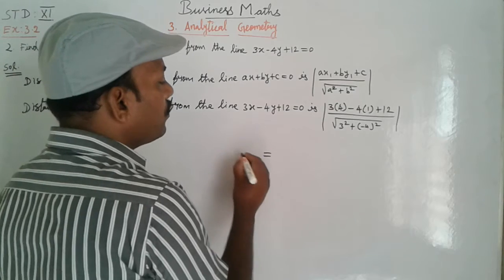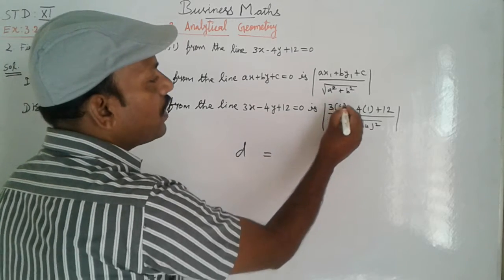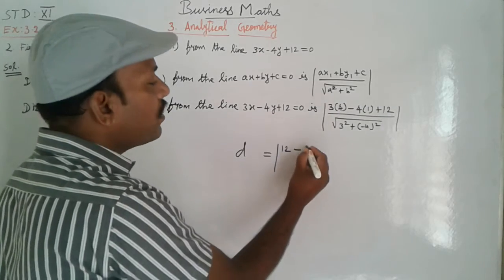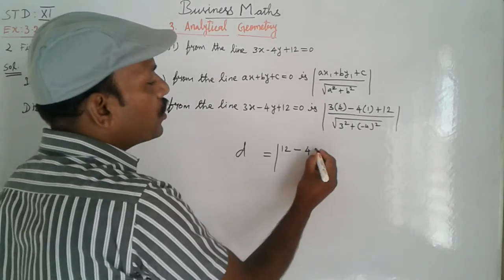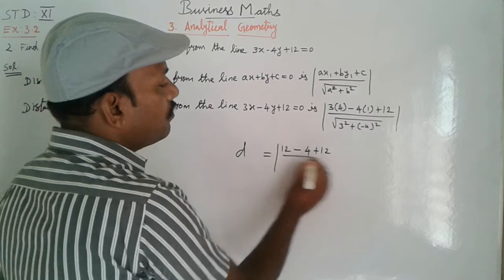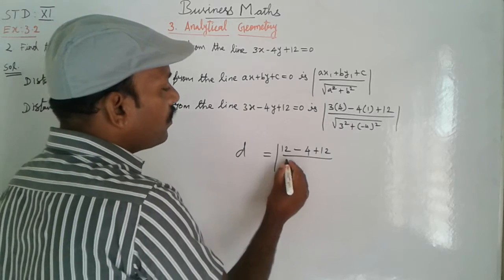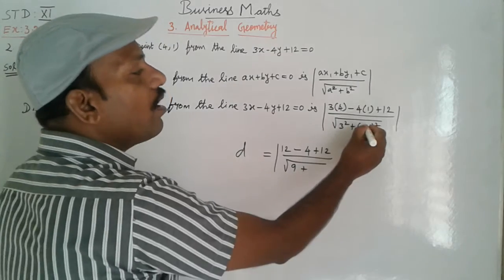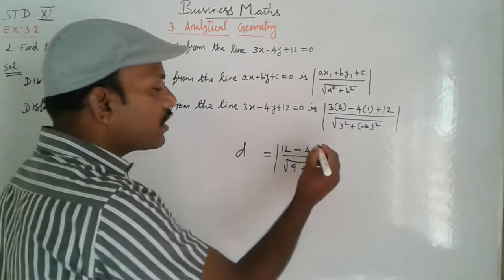So distance d equals 3 4s are 12, minus 4 into 1 is 4, plus 12, divided by root of 3 square is 9, minus 4 whole square is 16.